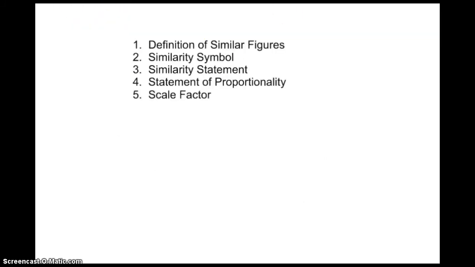So after watching this video, here are the really important things you need to have taken notes on and be familiar with. We've got the definition of similar figures. We've got the similarity symbol, which looks like that. We've got a similarity statement, which looks like triangle ABC is similar to triangle DEF. We've got the statement of proportionality.